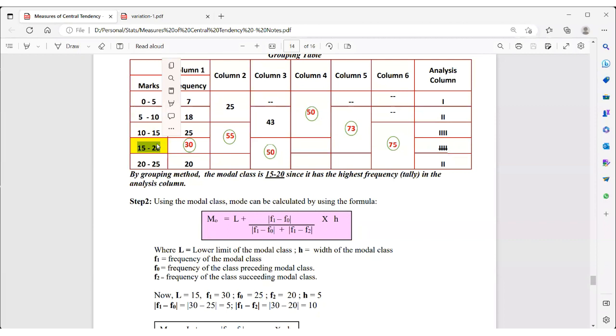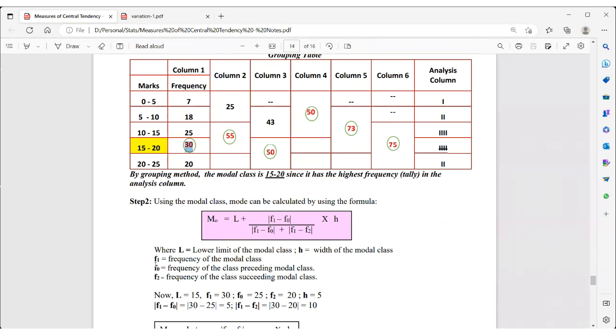Now, corresponding value is the frequency of model class. So corresponding frequency is 30. This is 30. So the value of F1 is 30.